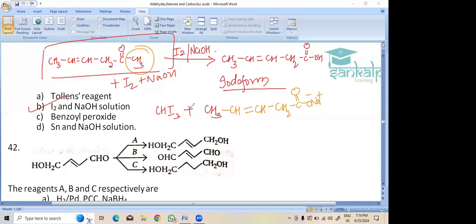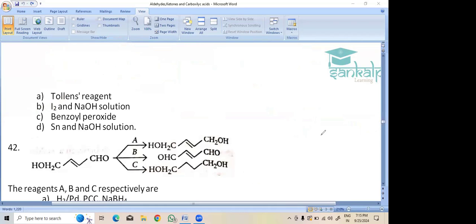So this is the iodoform test, plus 3NaI, the byproduct, plus 3H2O. Further, it will take up a proton, and you get CH3 CH double bond CH CH2 C double bond OH. Understood? So it will answer the iodoform test. Fine.